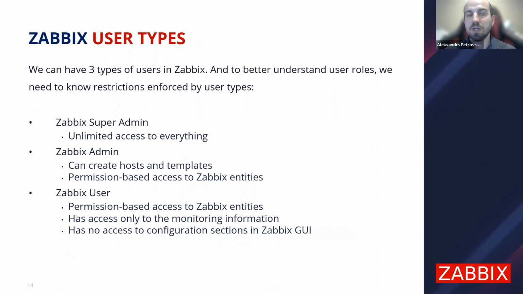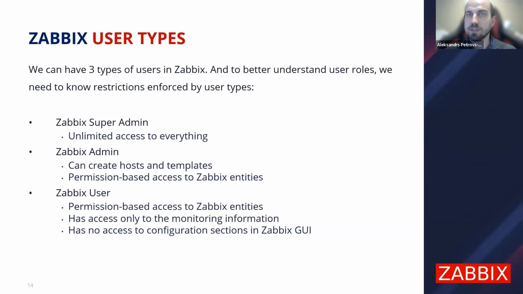I expect a lot of you know, but Zabbix has 3 basic user types. Those user types are like the starting points from which you can then start managing permissions differently. So we have Zabbix Superadmin, which is the user type which has unlimited access to everything by default. So those are usually us, the network, the monitoring administrators.